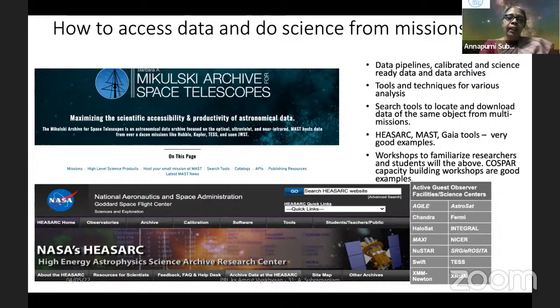They are calibrated and science-ready data is available. You can also mix and match. You just have to give the object name, and it tells you what missions have observed these kinds of objects, and the data is available for download.